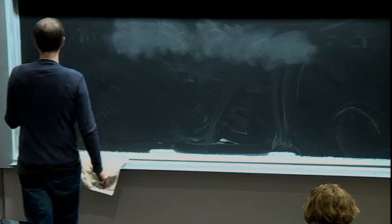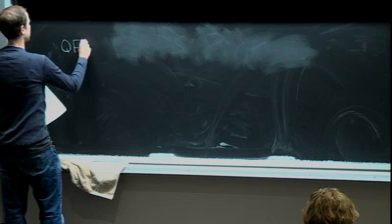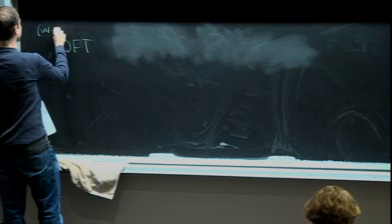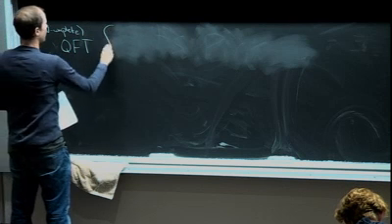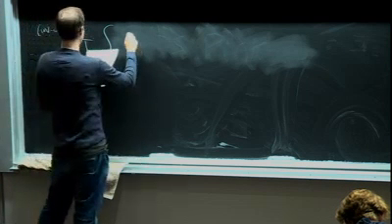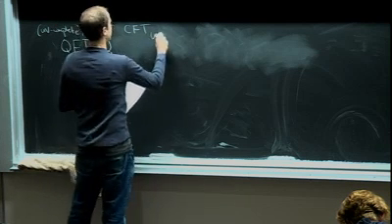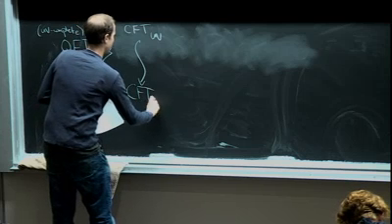So a good model for a quantum field theory, and I should say this would be a UV complete quantum field theory, is as a renormalization group flow between a CFT in the UV and some CFT in the IR.